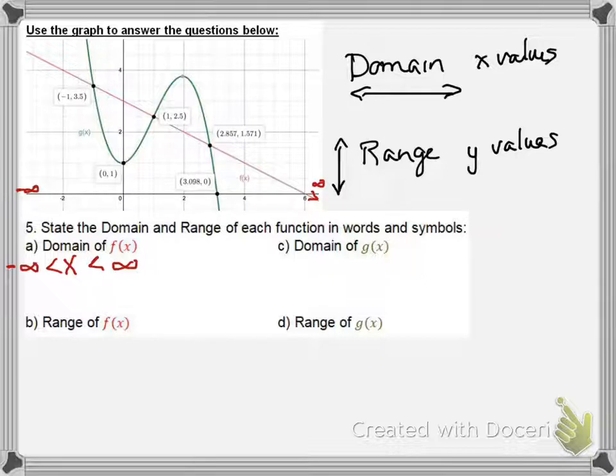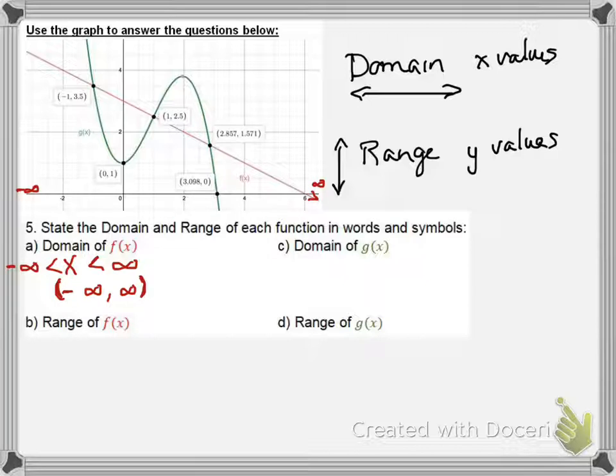There are certainly other ways to write that. If I wanted to write it with interval notation, I would say from negative infinity to positive infinity, with parentheses, rounded on the ends, because it never touches positive infinity, it never touches negative infinity.